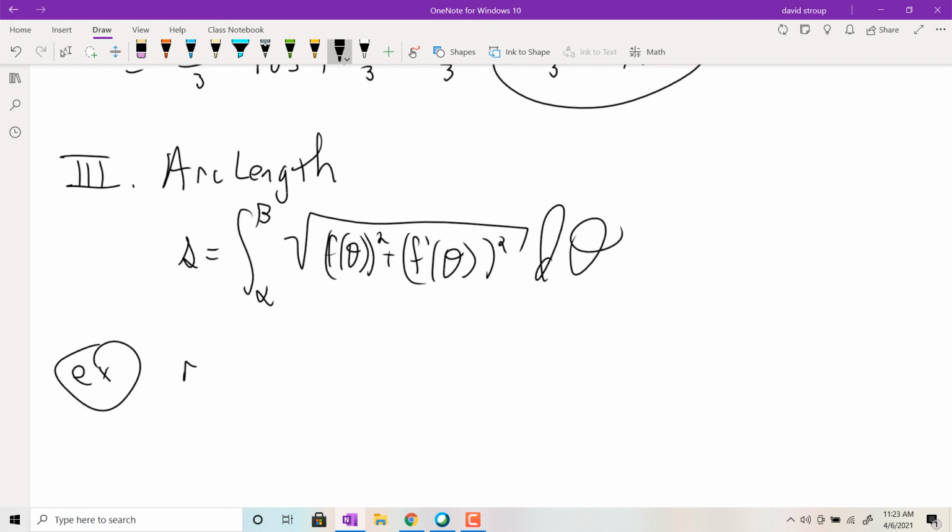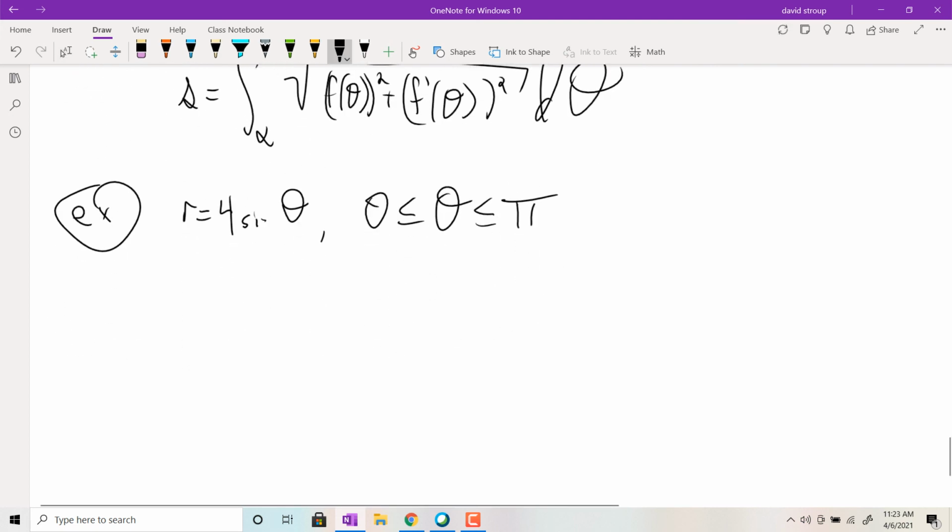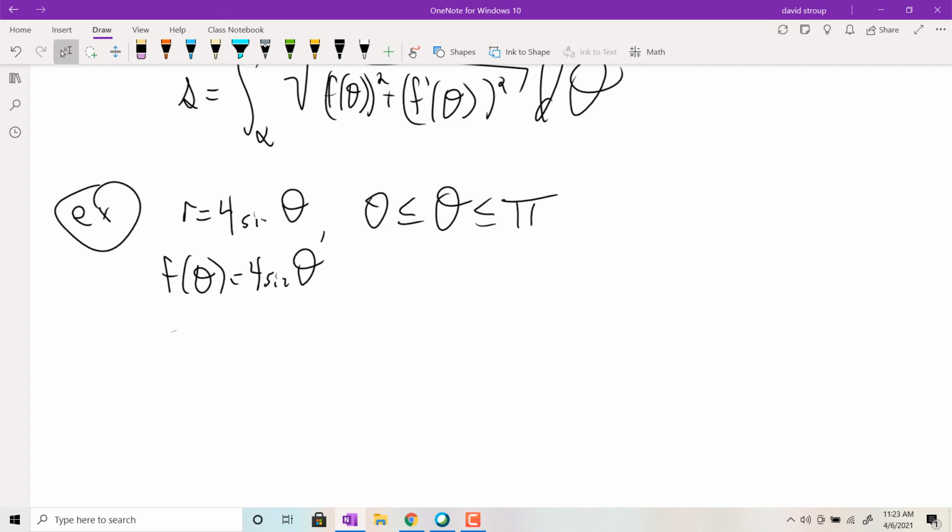Okay, so let's take a look at at least one of these. Example: r equals 4 sine of theta, and we're going from 0 to pi. So I need f of theta, f prime of theta. F of theta is just the 4 sine theta. F prime of theta is going to be 4 cosine theta.